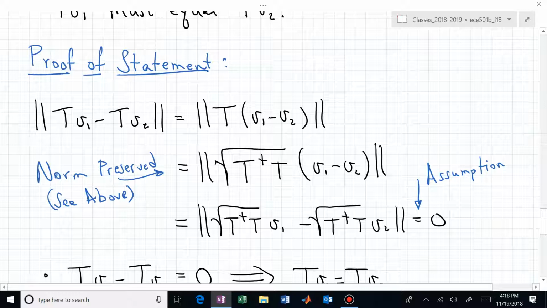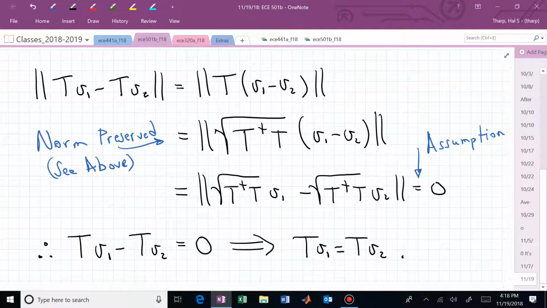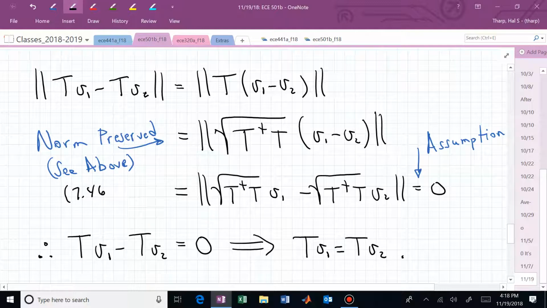That was using equation 46 in the text. So this second row is just using what we just demonstrated.